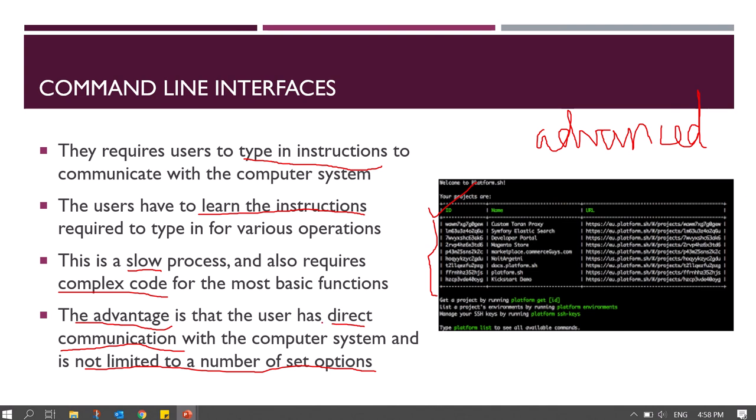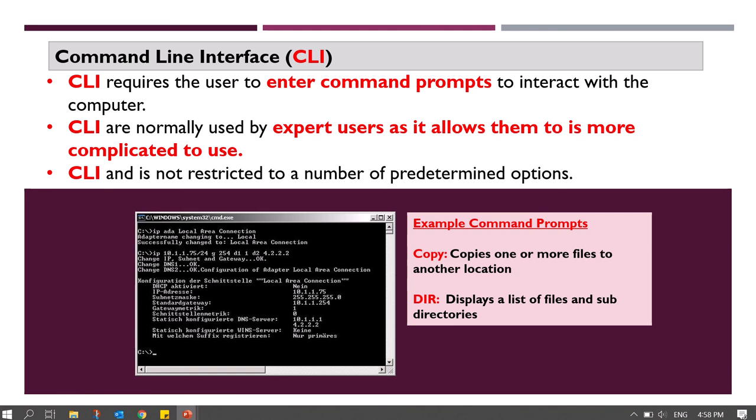It gives you direct communication with the computer and you are not limited to a set of options. But what are the difficulties? You will have to type in the instructions, learn the instructions, and sometimes you have to write complex instructions for even basic functions.